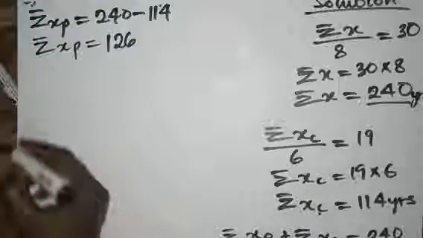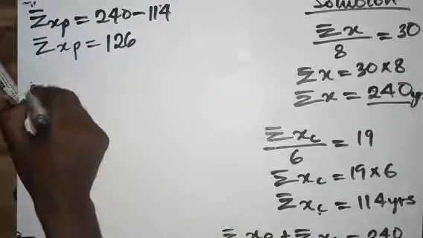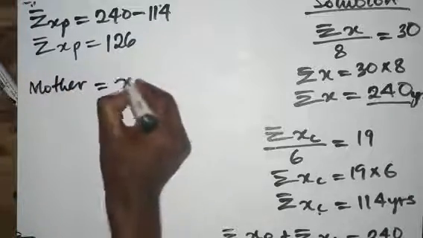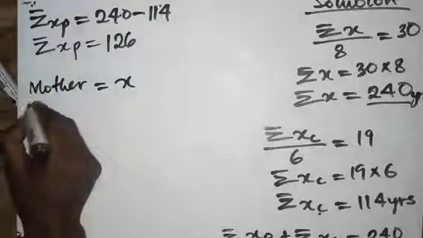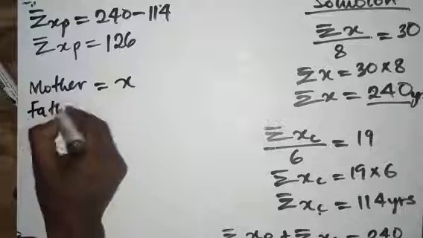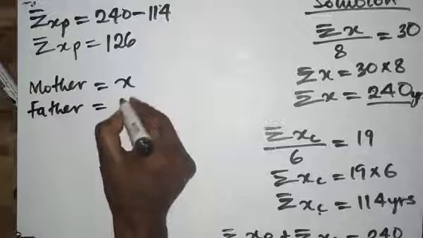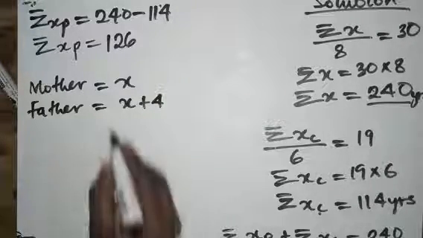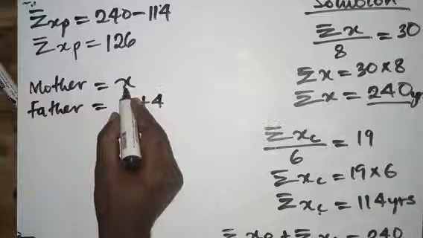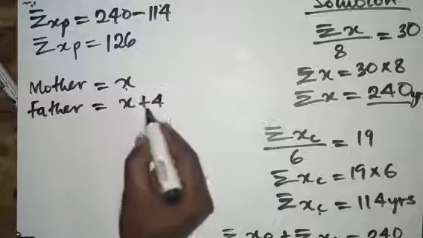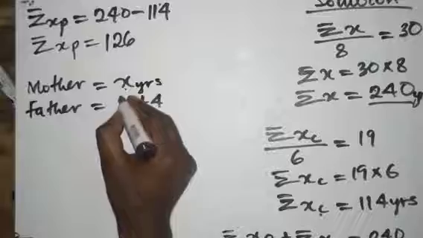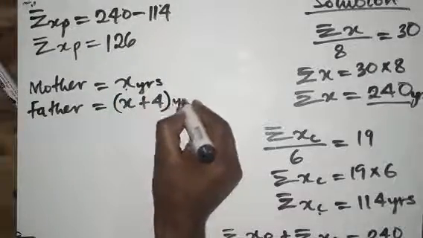It means that if the mother is equal to X, the father will be equal to X plus 4. The mother is younger, you should always bear that in mind.